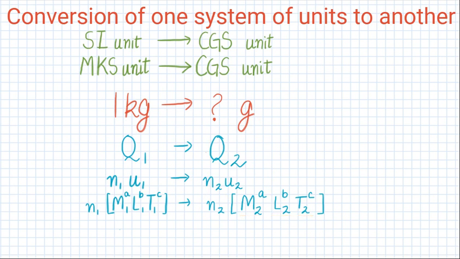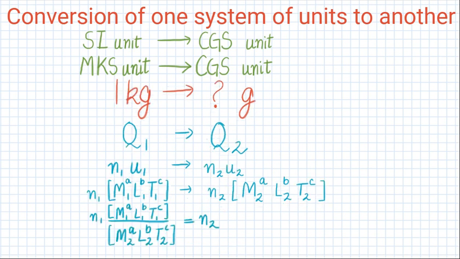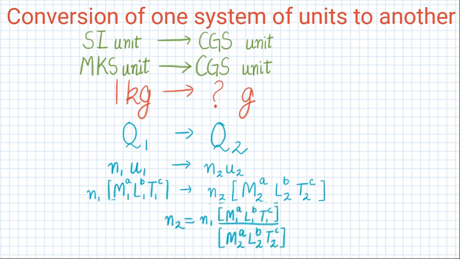To find the value of N2, we can send this whole term to the other side. So I can write N1 equals this upon this, which will give us the value of N2. On further simplification, I can write my number N2 equals this number N1 times the dimensions of this one divided by the dimensions of this one.